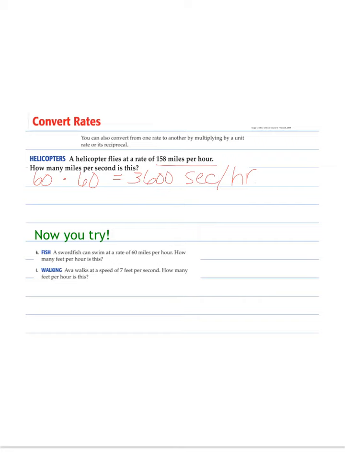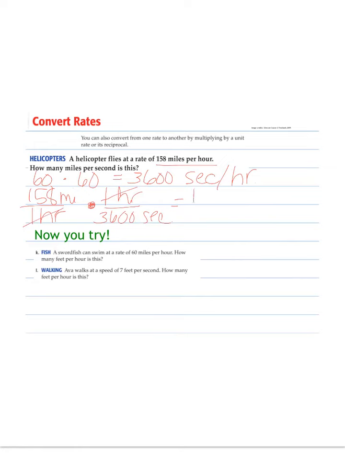So then the way that we do this is, we're finding out 158 miles per hour, but now we want miles per second. I'm just going to show you. 158 miles over 1 hour, and then we are going to multiply this by 1 hour is the same as 3,600 seconds. And then if we cross multiply to cancel, I can cross off 1 hour and 1 hour.